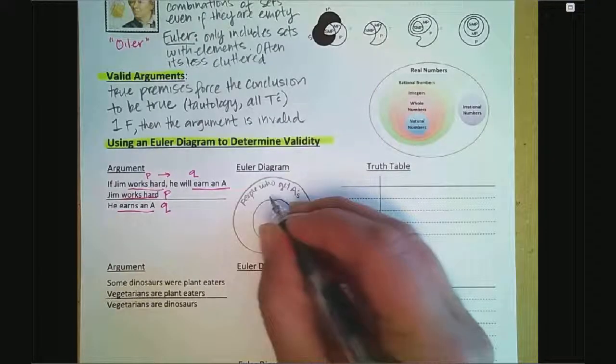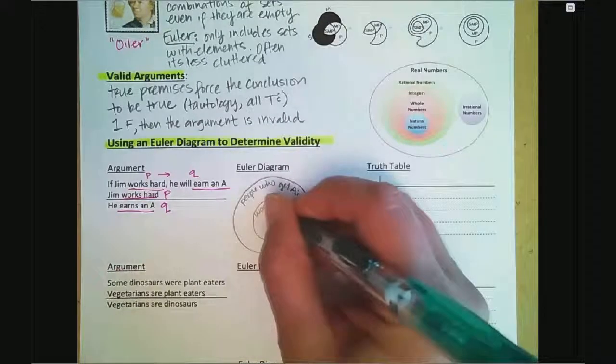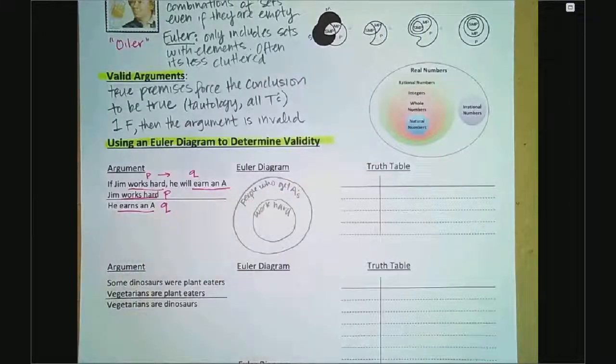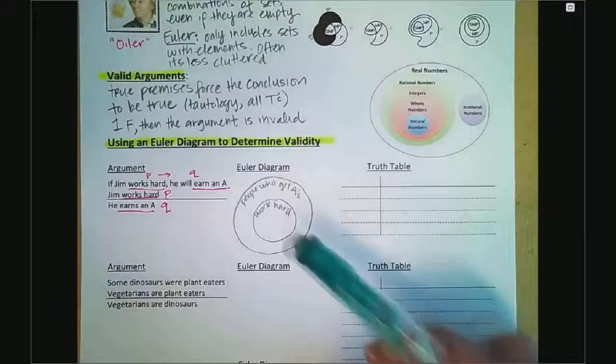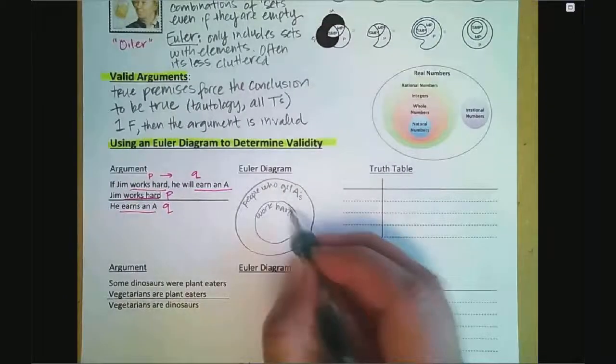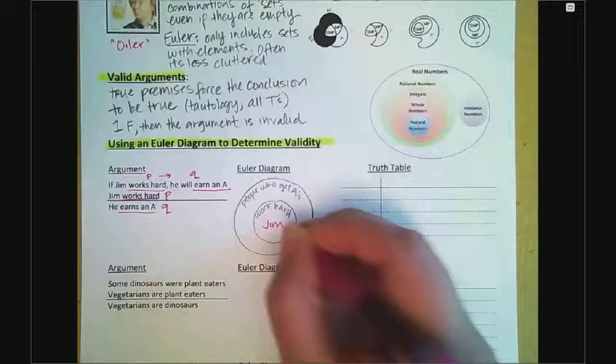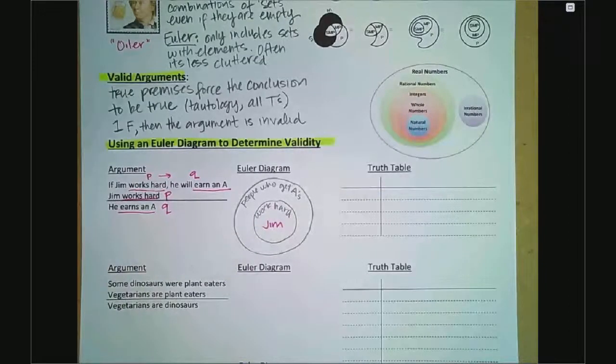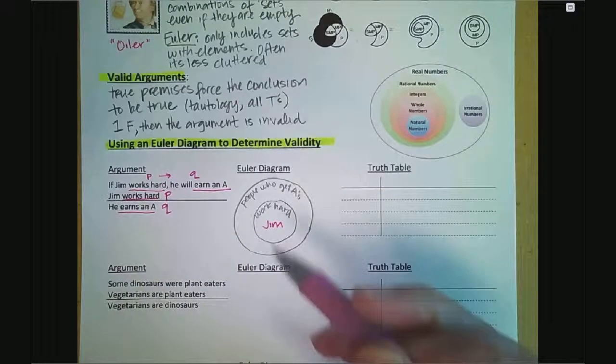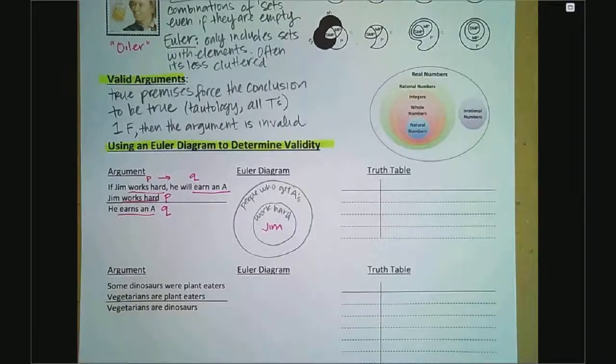And then the question is, where does Jim go? I have the statement that people who work hard get A's. Jim works hard. That puts him within the work hard circle, which is also in the people who get A's circle. So I would say that this argument is valid based on my Euler diagram.